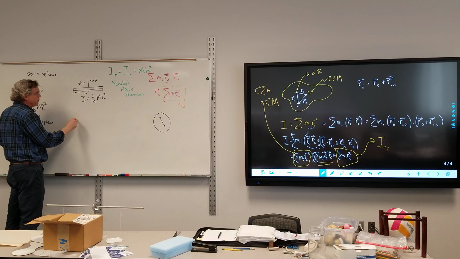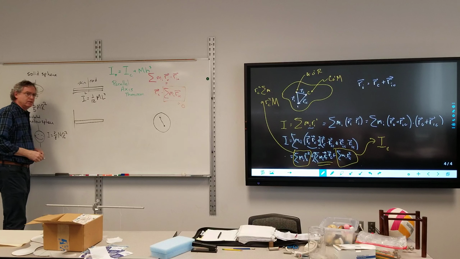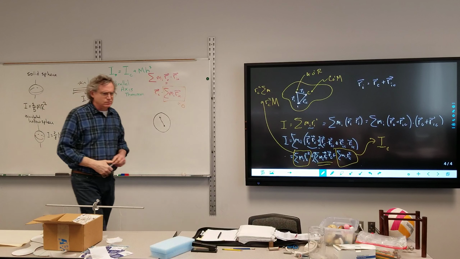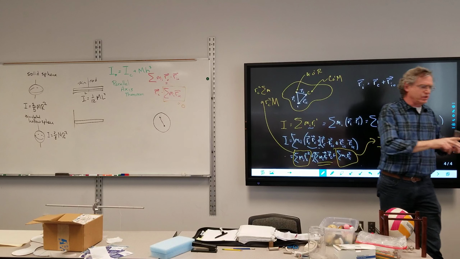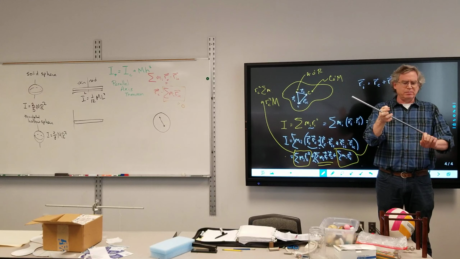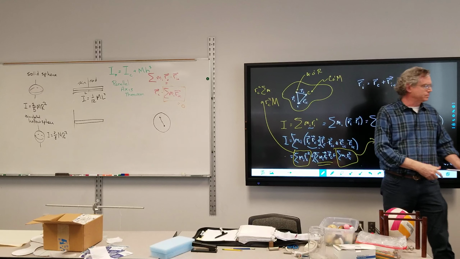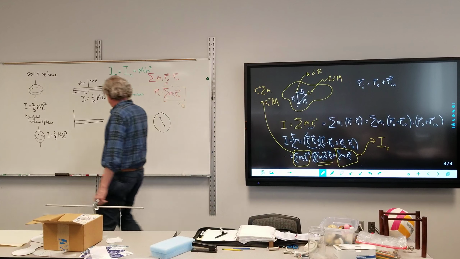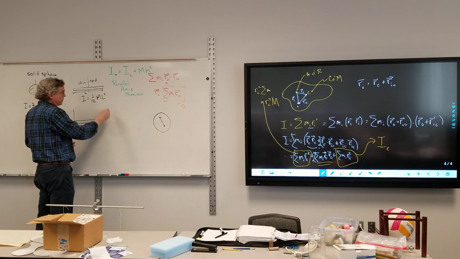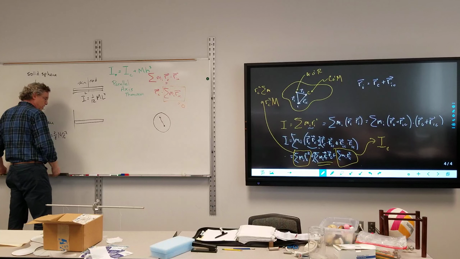So if I took my thin rod, and instead of rotating about the center, I rotated about the end. So for those who need the visual, there's the rod. So instead of rotating about the center here, I'm now rotating it about the end. Well, the moment of inertia then, let's make it a darker color than that.